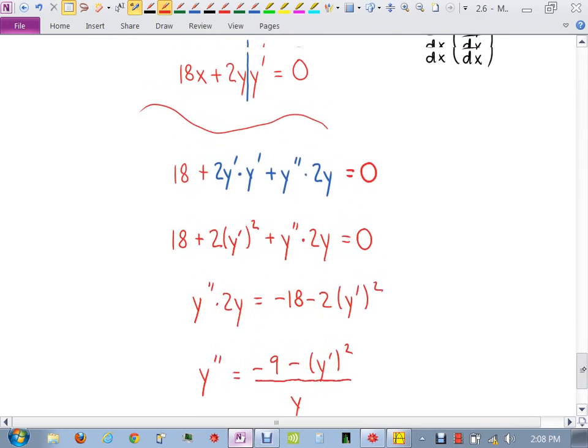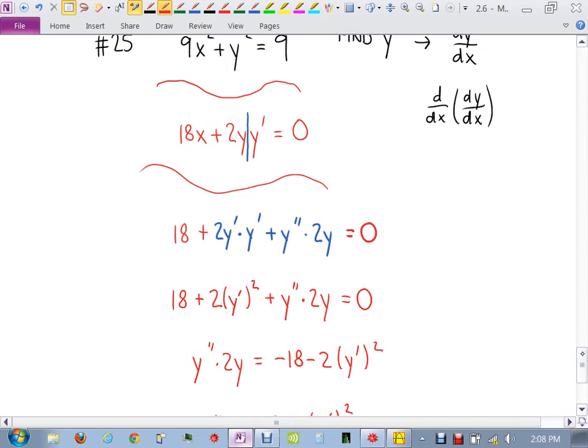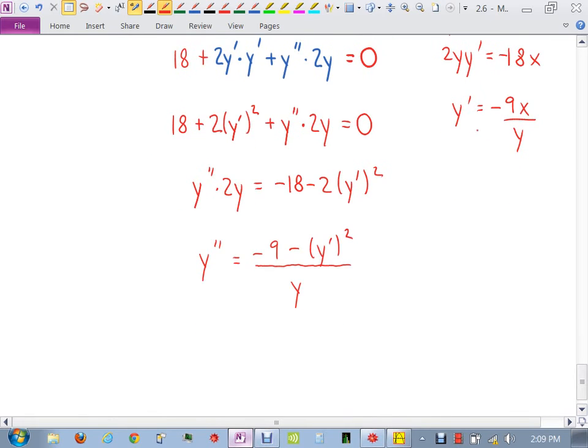Now, the book probably doesn't have that answer. The book probably takes this part up here, where we had y prime. They probably move the 18x to the other side, and then divide by 2y to get negative 9x over y. Do y'all agree that that's what y prime would be? And then they probably take that answer and plug it right in here and square it.